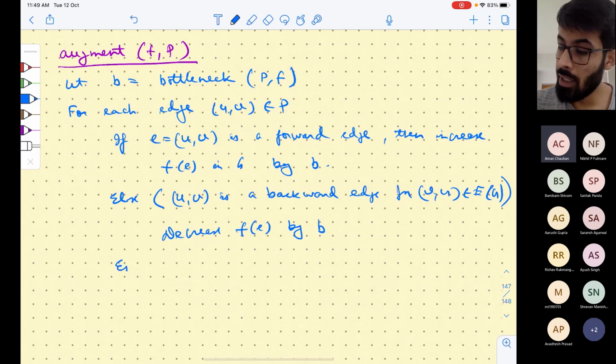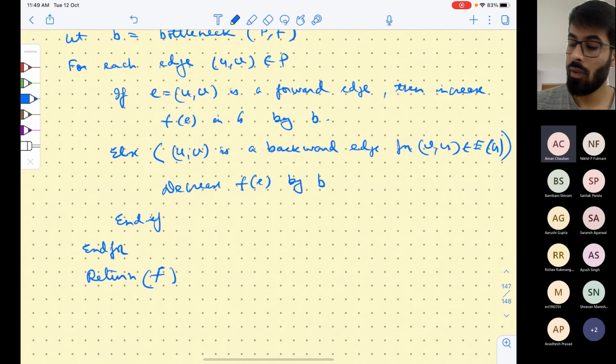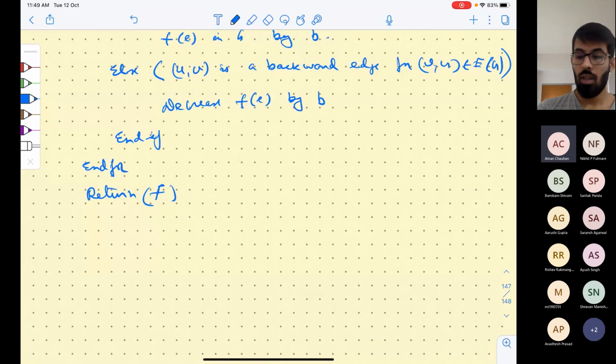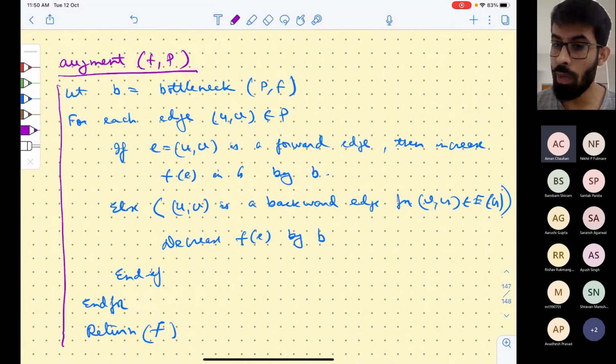This is end if, and end for, and now we return the function F that we get. So this is the procedure which does this job given a path P, and this is called augmentation.